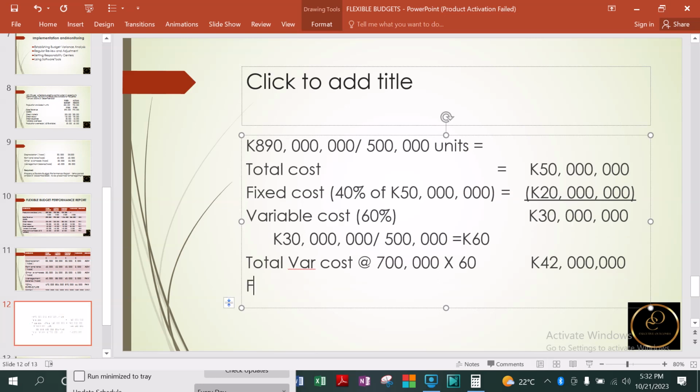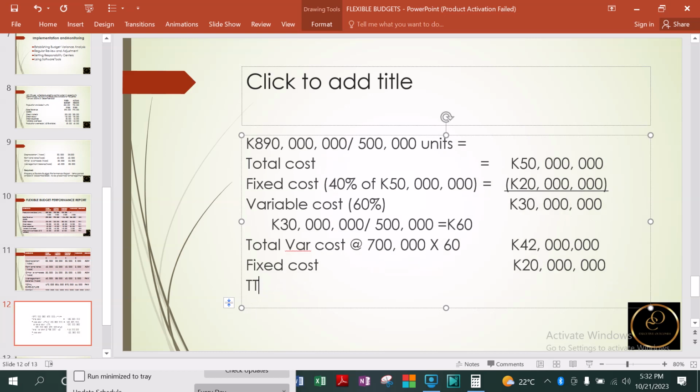Fixed cost, we bring it as before, which is 20 million, so that we end up having a total of fixed plus variable.